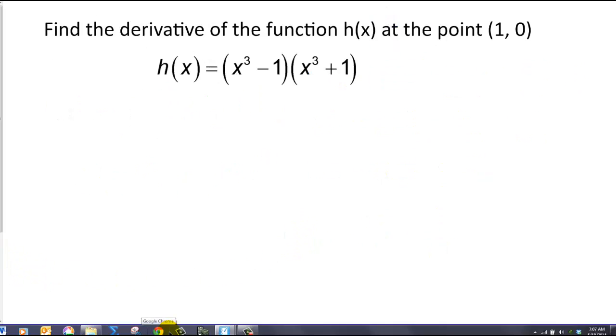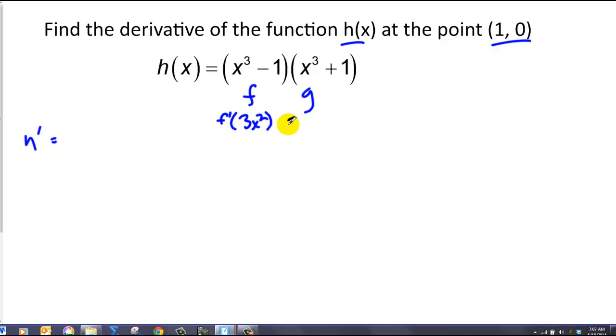Lastly, we're going to find the derivative of the function h of x at a specific point. So now we're actually looking for a numerical value for the derivative. Once again, f and g. Find h prime. I'm going to need f prime, which I know is 3x squared.